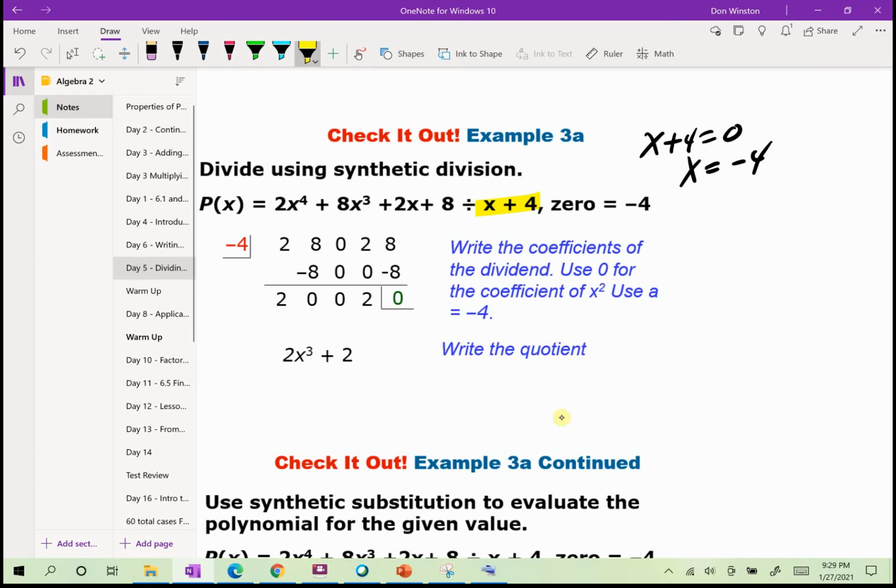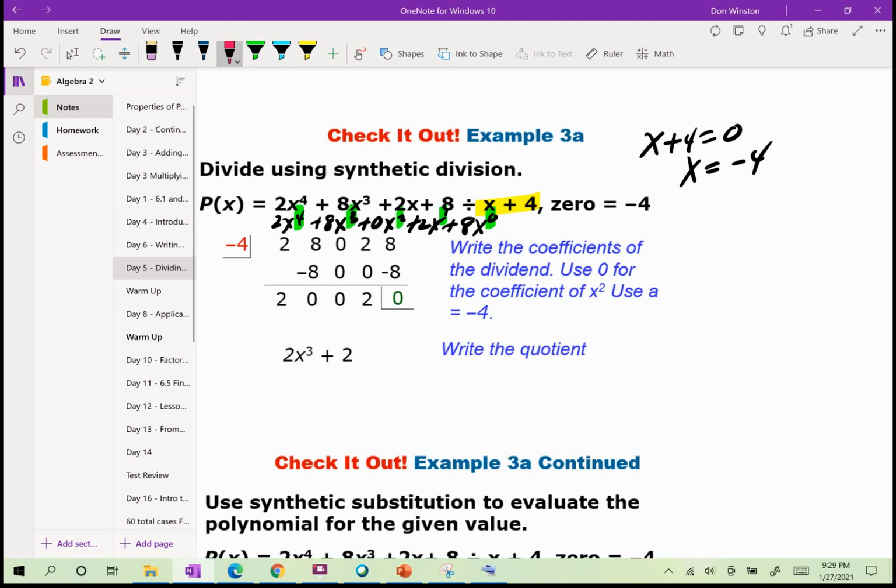But I'm missing the x squared term, so this is actually 2x to the 4th plus 8x cubed plus 0x squared plus 2x plus 8. Always account for every missing term. You have to. My coefficients then are 2, 8, 0, 2, and 8.